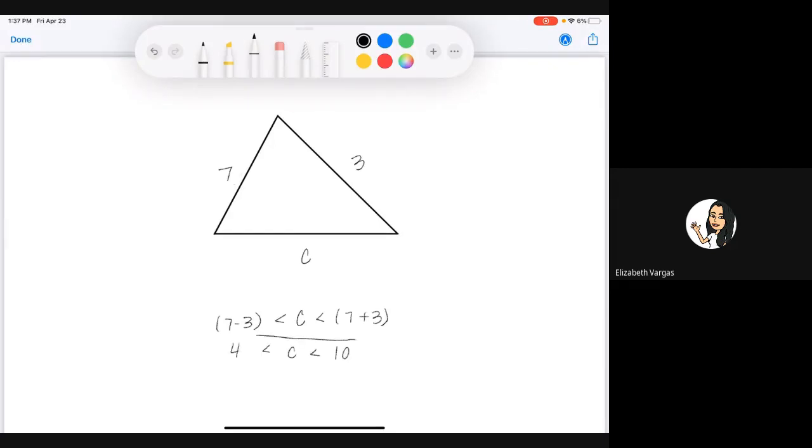This tells me that C has to be greater than 4, but less than 10. So C is going to be less than the sum and greater than the difference. Less than the sum, greater than the difference. So we'll look at another example.